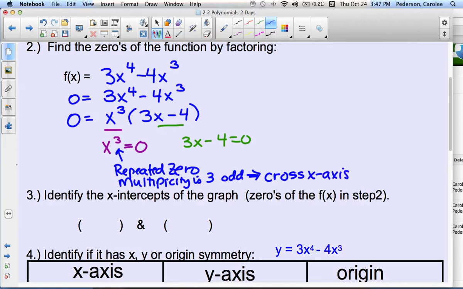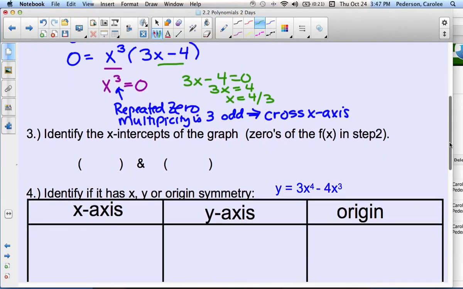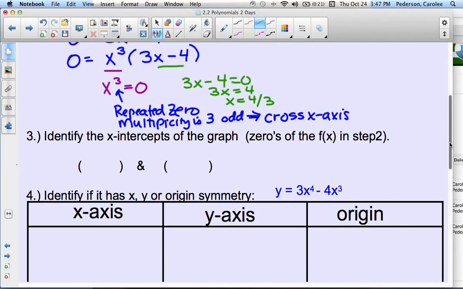All right, let's go on to 3x minus 4 equals 0. Using that zero product property, let's solve it for x. So add 4 to both sides, and then divide both sides by 3. So our zeros of the function are 0 and 4/3. Step 3, identify the x-intercepts of the graph. They are the zeros of the function.